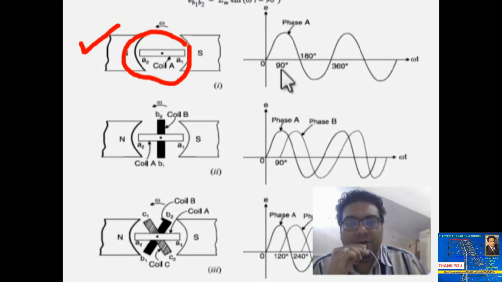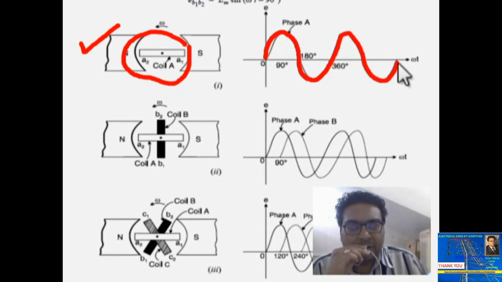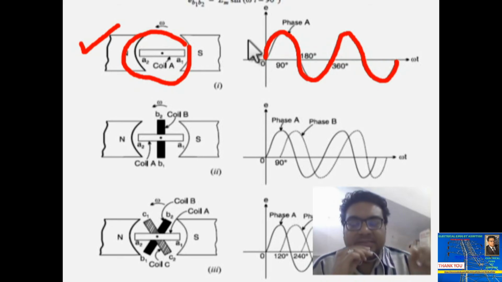See here, the waveform will be only a single waveform of phase A. We already learned about this system in our previous chapters. This belongs to a single phase AC circuit because there is only one coil, so only one waveform of EMF is generated.